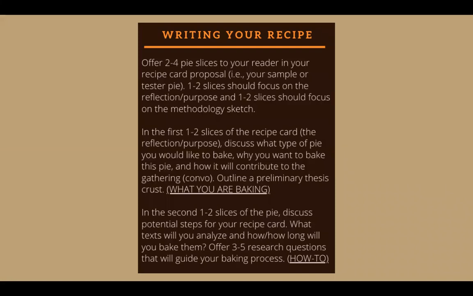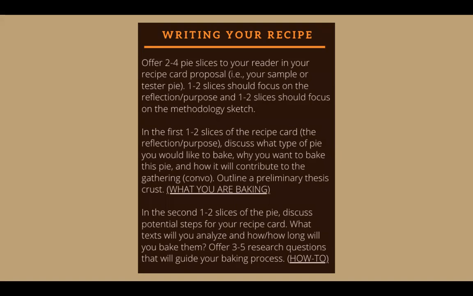You have 2 sections in your proposal. You have the reflection/purpose section, the what it is that you want to talk about and research in your project, and the methodology sketch, or the how you're going to actually achieve what it is that you'd like to do, right? Now, 2 to 4 pie slices is once again going to mean 2 to 4 paragraphs.